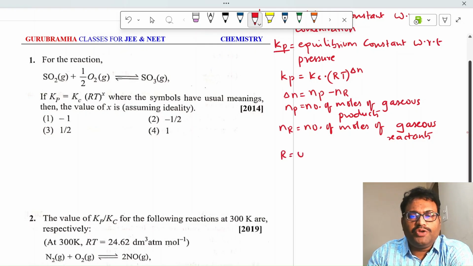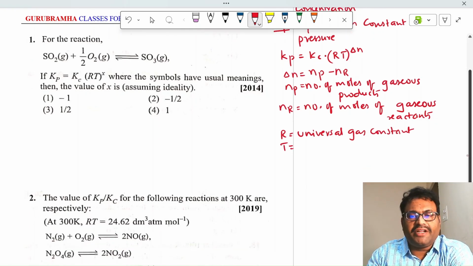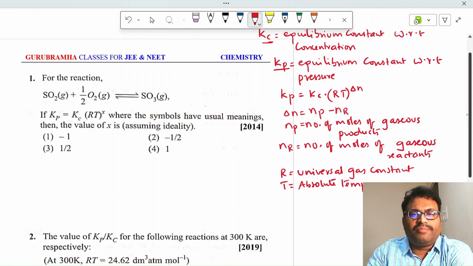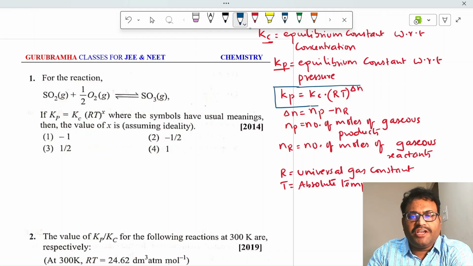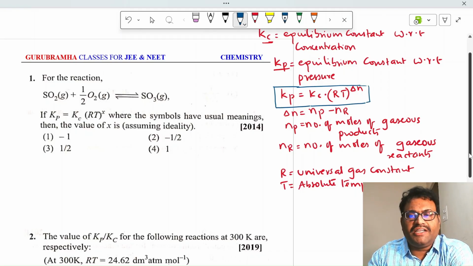R is the universal gas constant. And capital T is the absolute temperature. So these are the meanings of the formula which we have already derived. Kp is equal to Kc into RT power delta N.